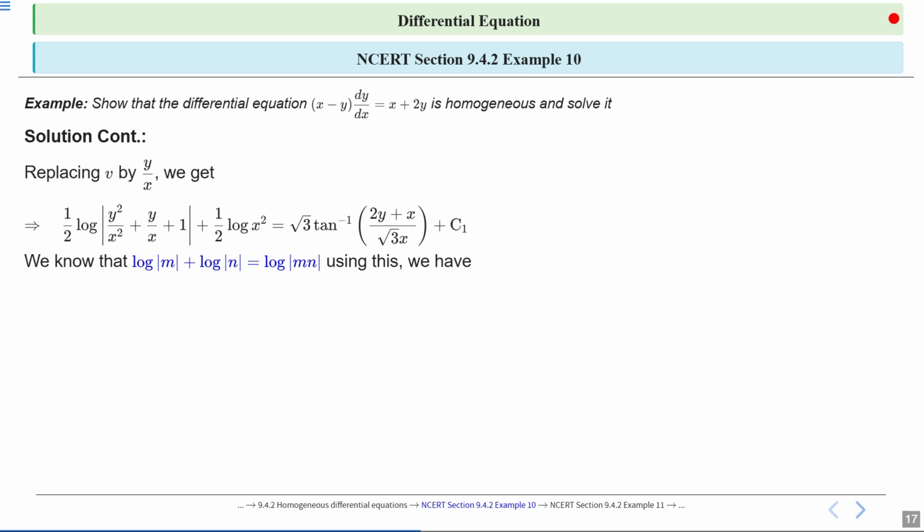We know that log mod m plus log mod n is equal to log mod mn. So we apply this property on the LHS part. Just take 1 by 2 common, and then we get log mod ((y square by x square plus y by x plus 1) into x square) is equal to root 3 tan inverse (2y plus x) by root 3 x plus c1.